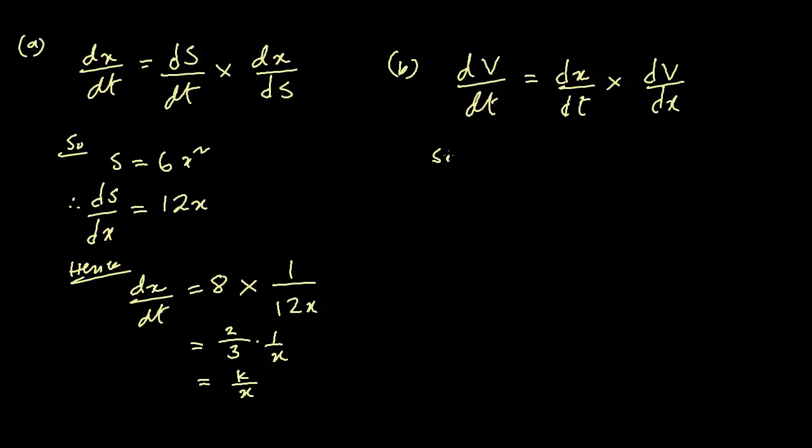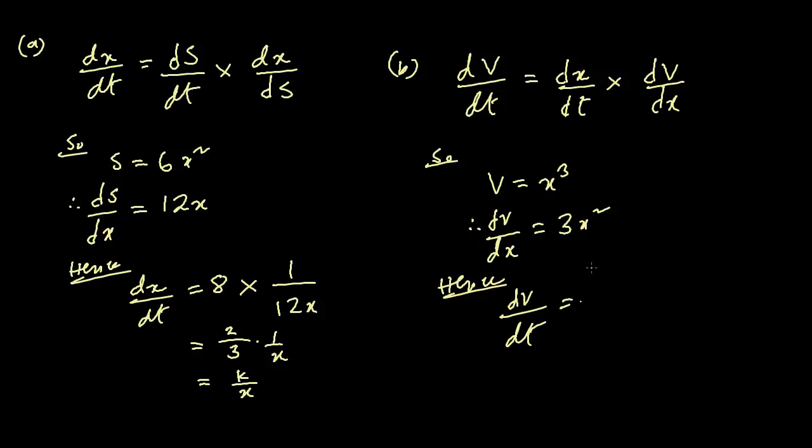So here again volume is L cubed, meaning x cubed, so the derivative dv by dx is going to be 3x squared. Hence dv by dt equals dx by dt, which is 2 by 3 into 1 by x, multiplied by dv by dx, which is 3x squared.